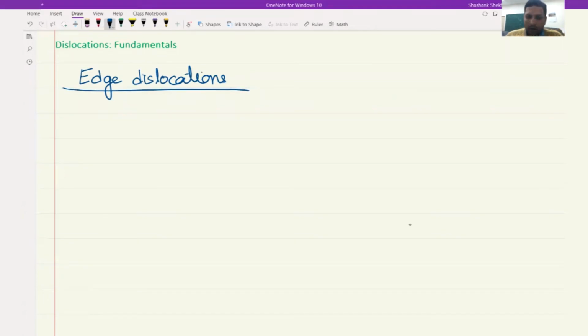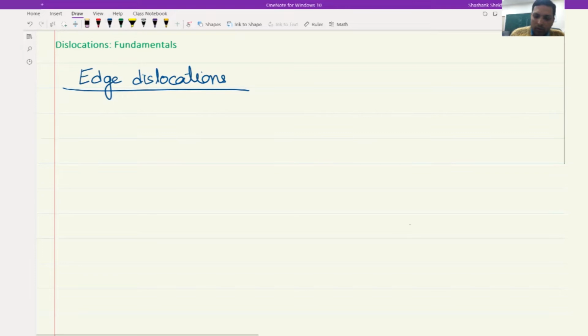When you take a closer look at edge dislocations, you would realize on its own how it would make deformation easier and why theoretical strength of the material is not needed for deforming the material. So let's say that we have atoms.